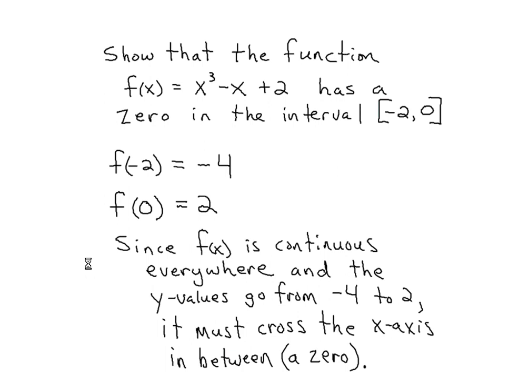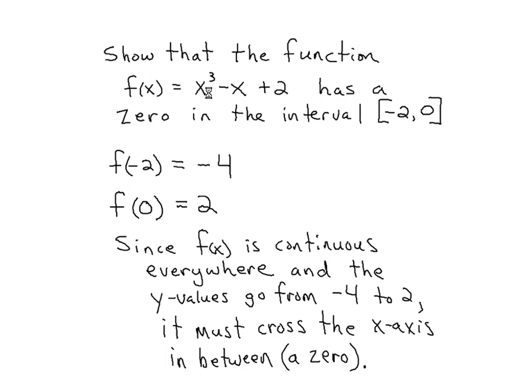And so there's the use of the intermediate value theorem. One more point I want to make. We were trying to verify that a function had a zero, or we had a value where f of the function equals 0. You may get, and you will get, a couple exercises where they say verify that for this function, there's a value of x that'll make it equal 12, or make that function equal 10 or 5. And in that case, what you want to do is find two values below and above, show that it will cross there in between, show that it's continuous, and then set this function equal.